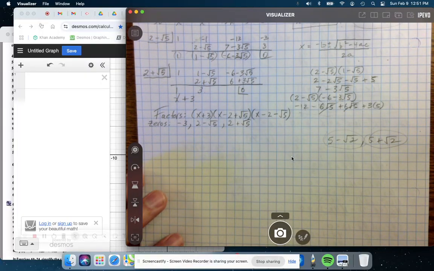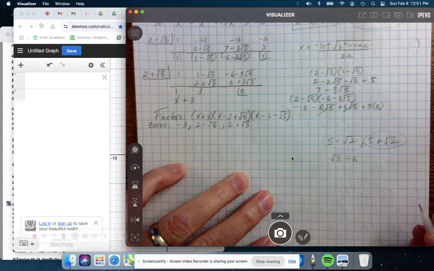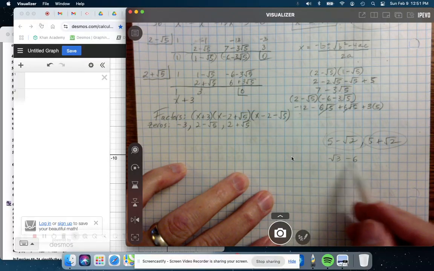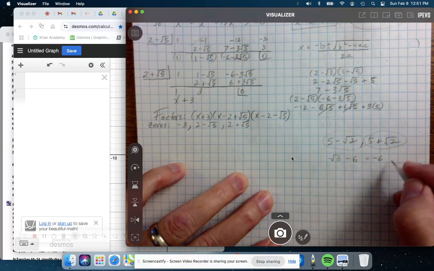If they change it around, let's say you see square root of 3 minus 6, you might want to put the rational part first. So that would be negative 6 first, and then plus the square root of 3.